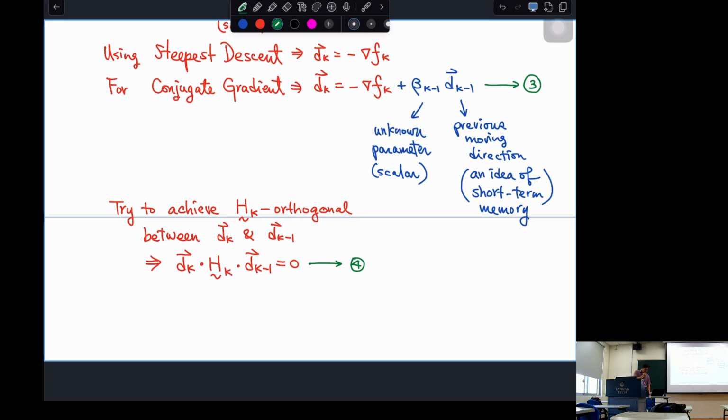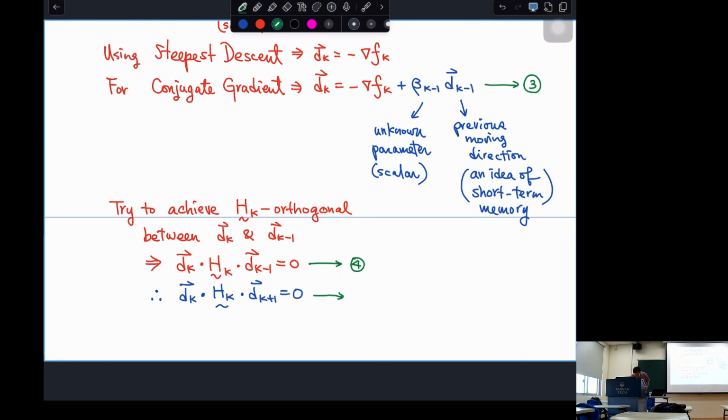And since this is going to be valid for all the iteration index k, this is automatically valid. The dk dot hk dot dk plus 1 equals to 0.